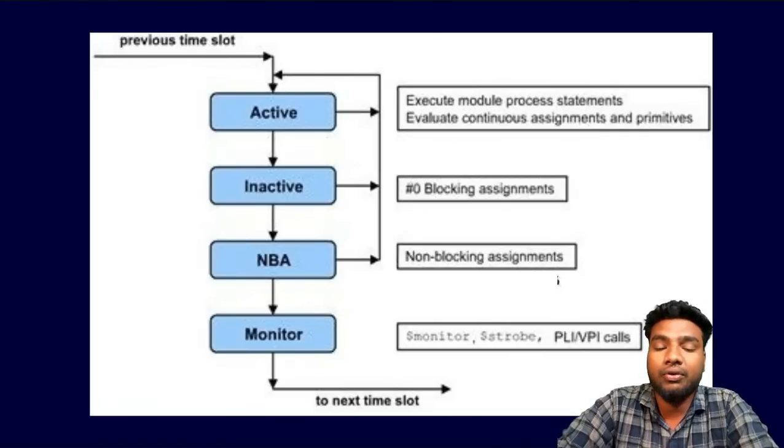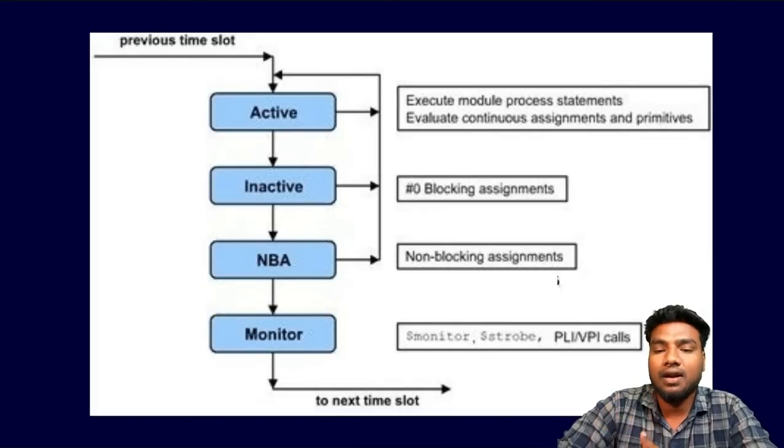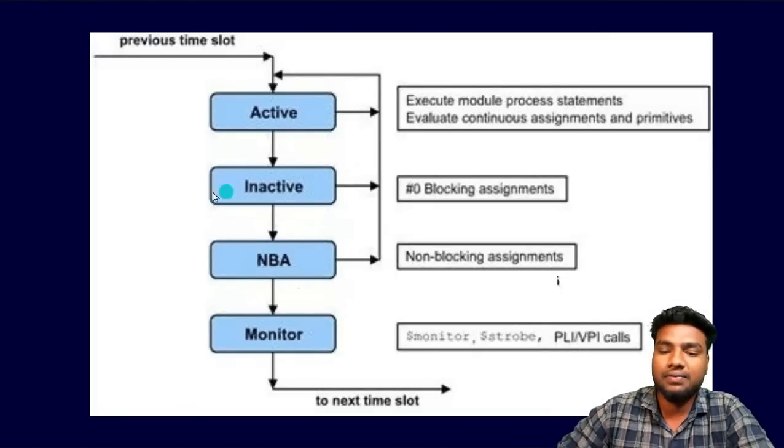In the active region, it will do the blocking. So we have two assignments, blocking assignments and non-blocking assignments. The blocking assignments will be performed in the active region. In the non-blocking region, it will do the non-blocking assignments.